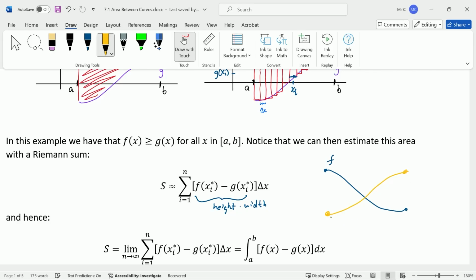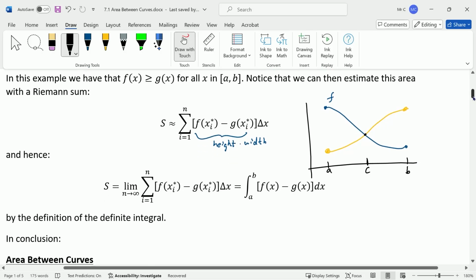And so, depending on where you are in the interval decides which function is bigger. But in that case, what you would do is find where the two functions cross over, and you would just evaluate each integral separately, or each area portion separately.